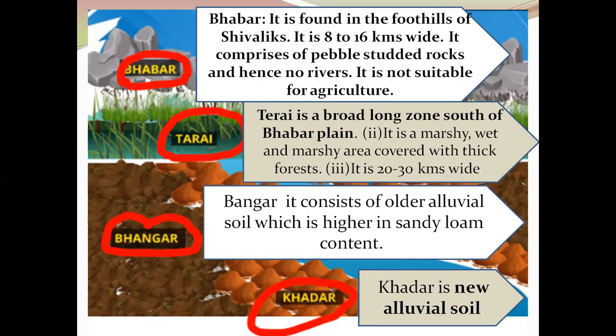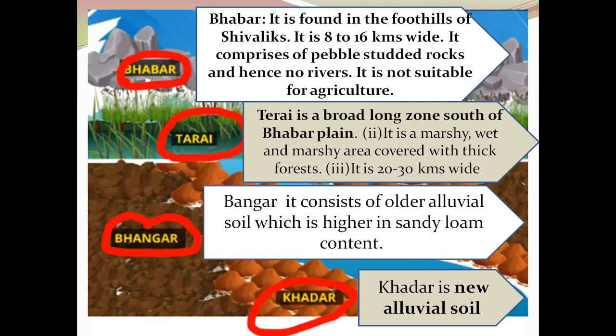Terai is the broad, long zone south of Bhabar. You can see here is the north, south. This is the Bhabar. From Bhabar, the water is coming down under the ground and appearing outside after some distance. This is known as Terai. In this area, as it is a wet area, many different kinds of animals are also found, and it has thick forest.